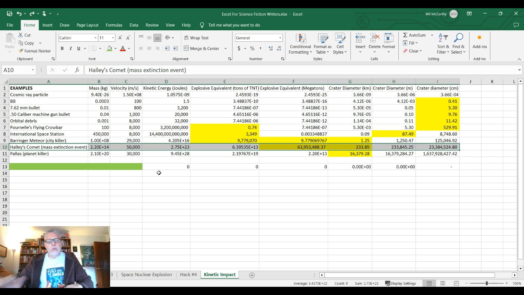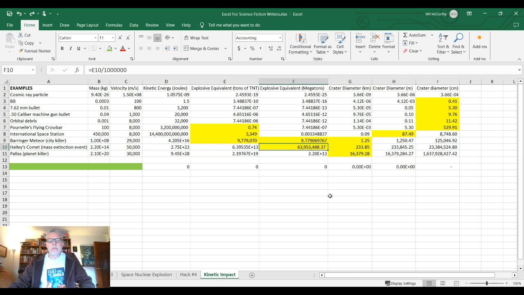At Earth's orbit, it's not going quite that fast, but let's just imagine this very fast moving comet. That gives us an explosive equivalent of 63 million megatons, 64 million megatons. So that's 64 teratons of explosive force. And that gives us a crater that is more than 200 kilometers across.